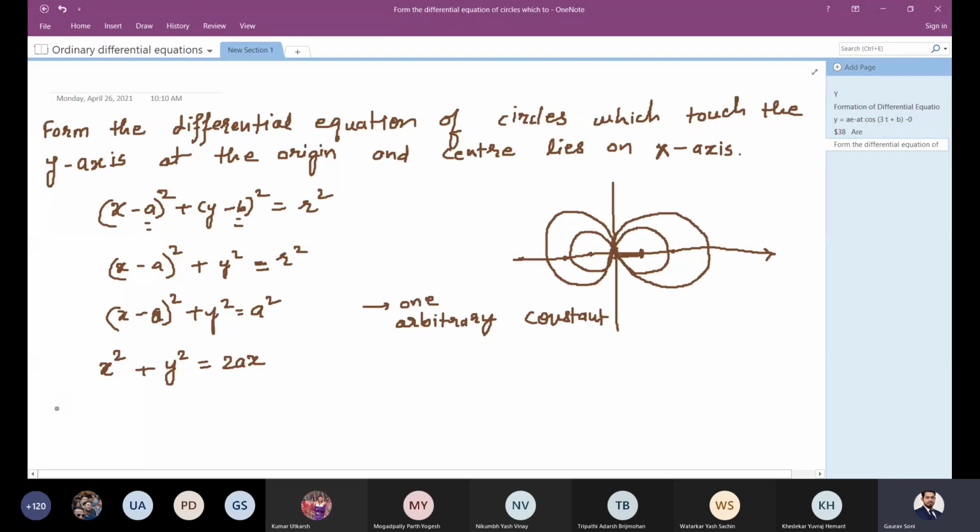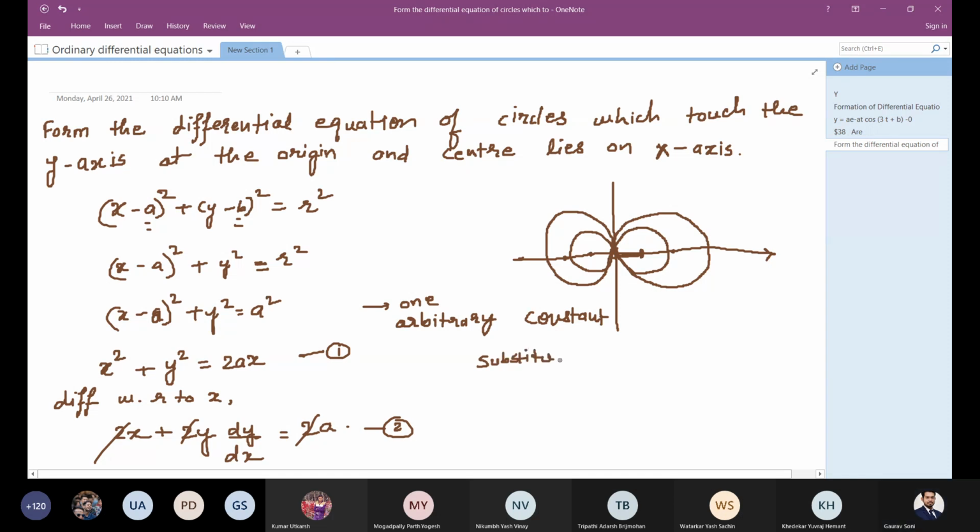Now differentiating with respect to x, we'll have 2x plus 2y dy by dx is equal to 2a. This is equation number 2, and the earlier one is equation number 1. The 2 will get cancelled out from both sides.